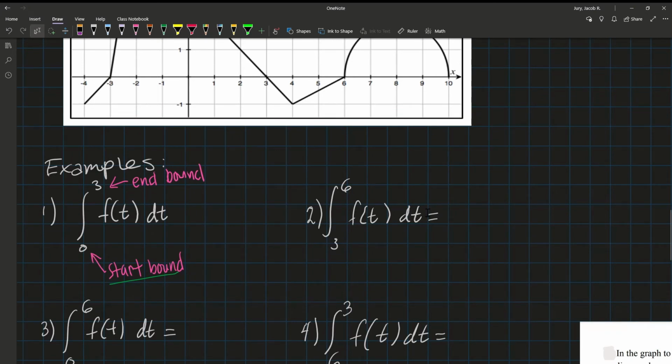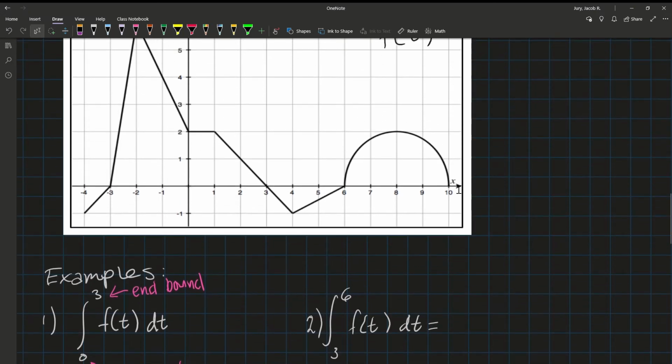So if we start with number 1, we want to look at the integral from 0 to 3 of our function f of t. So we'll take the bound starting at 0 and going all the way to 3, and the area between those two things, the y values defined by f of t and the x values multiplied together, and we'll get an area of 1 starting in this block, and then we add it with 2, so the second block, and we have a third block in this area, and of course the other two blocks make 4.